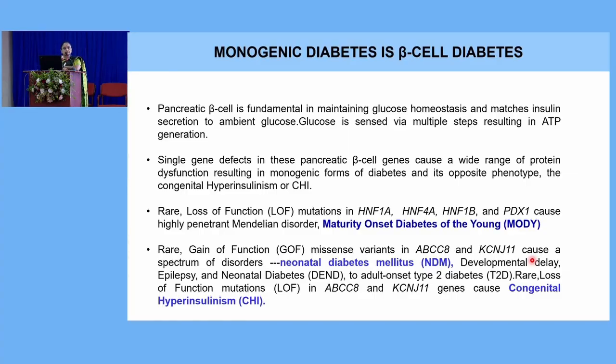Glucose is sensed via multiple steps, resulting in ATP generation, and any problem in that pathway, any mutation there, causes the single gene defect or monogenic diabetes form. There you see a wide range of protein dysfunction, which results not only in monogenic diabetes, but the exact opposite phenotype, which is congenital hyperinsulinism or CHI.